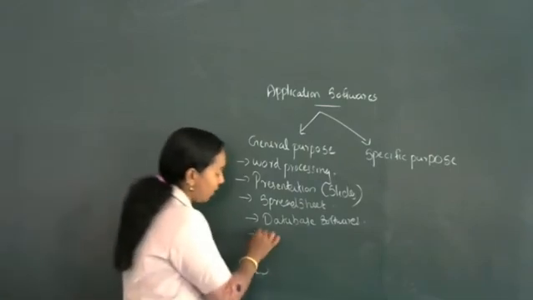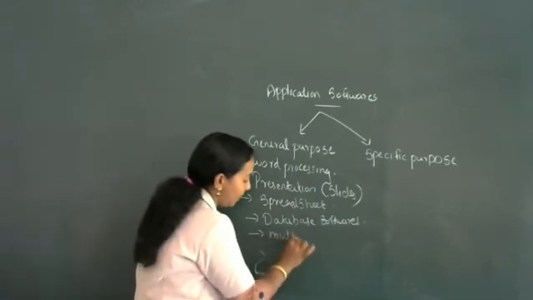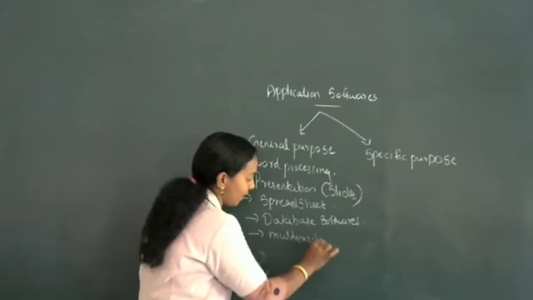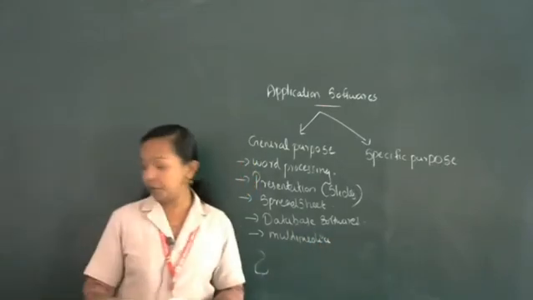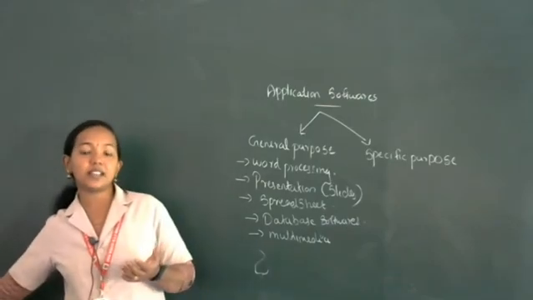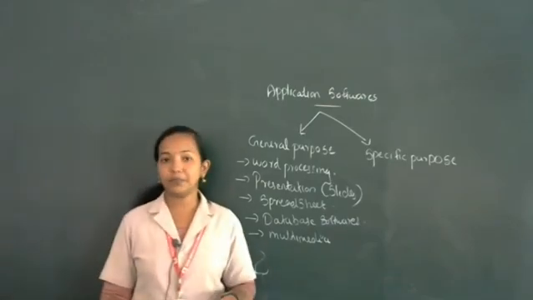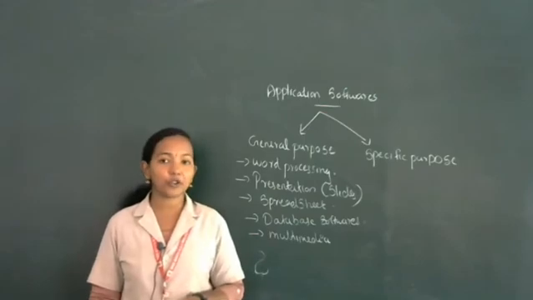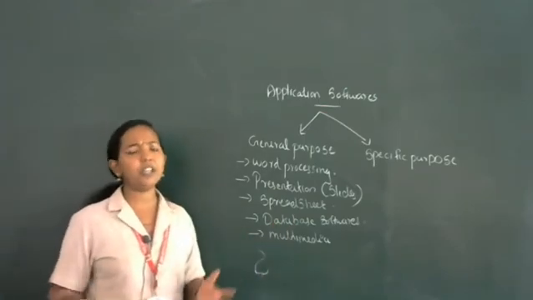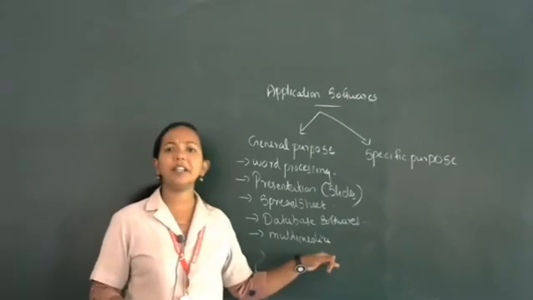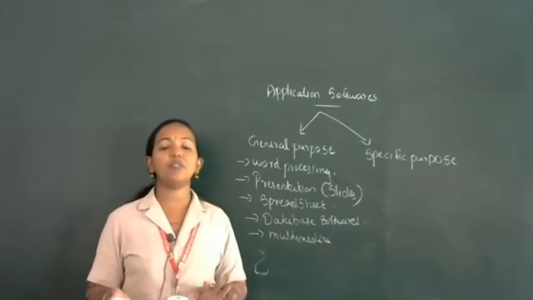Then one more category is present: multimedia software. A commonly used example is Adobe Photoshop. What are we using Adobe Photoshop for? For editing pictures, we can add background color, and so many features we can add. That means multimedia files, for editing audio and video files.